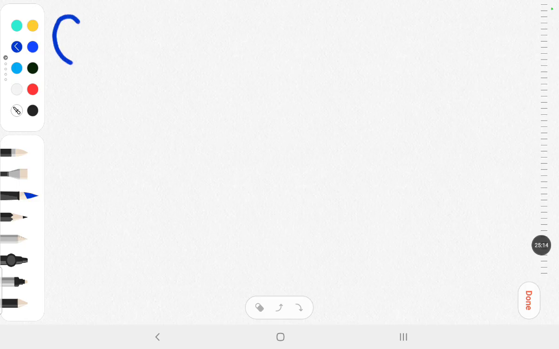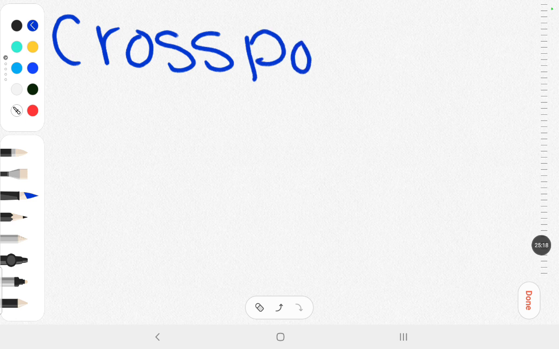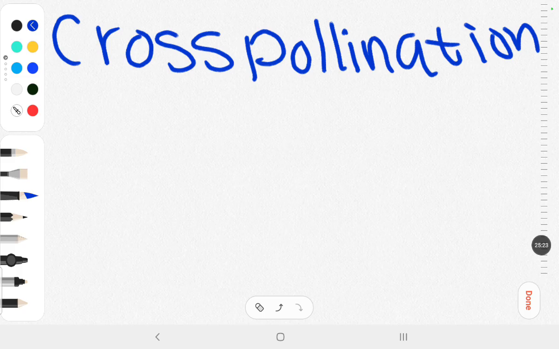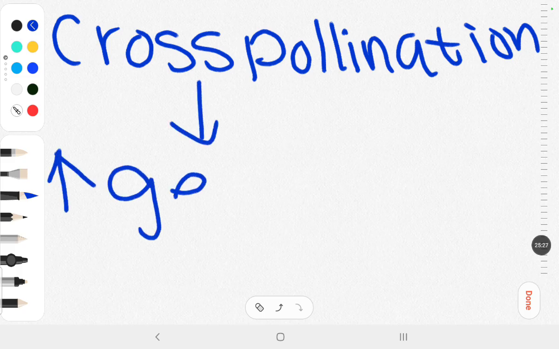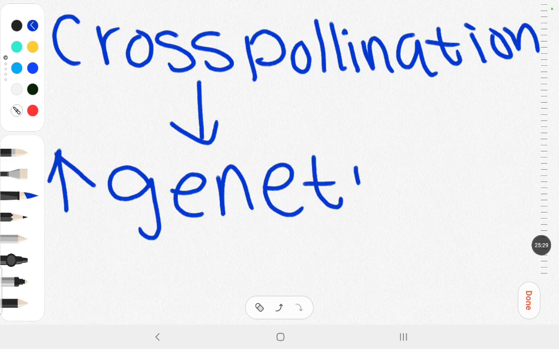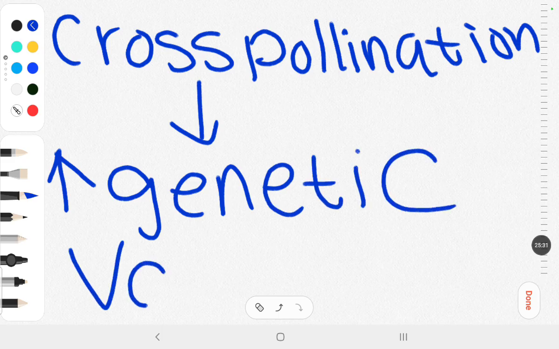Now, cross-pollination. Cross-pollination increases your genetic variety. It increases what? Your genetic variation.